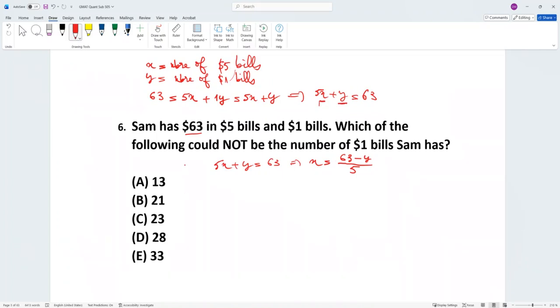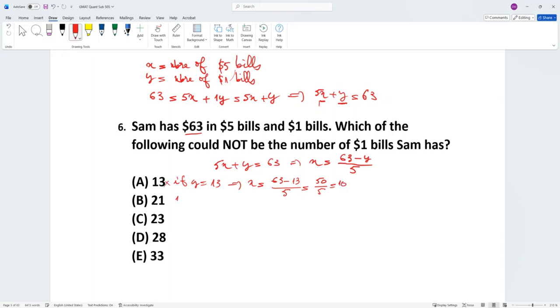So if y is equal to 13, for example, then x is going to be equal to 63 minus 13 over 5, which is going to give us 50 over 5, which is equal to 10.